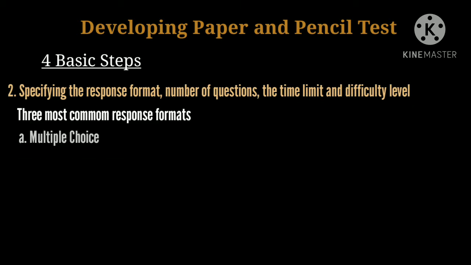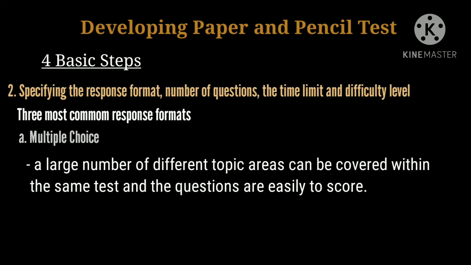Letter A, guys, is multiple choice. With a multiple choice response format, a large number of different topic areas can be covered within the same test. The questions are easy to score. However, because all potential answers must be chosen by some students, it is time-consuming to write good questions.